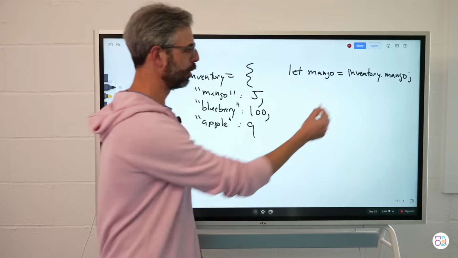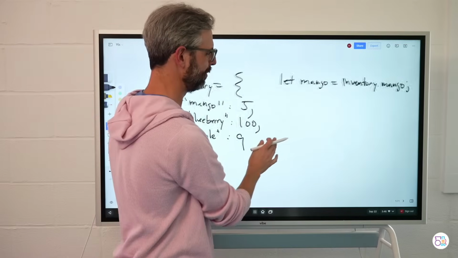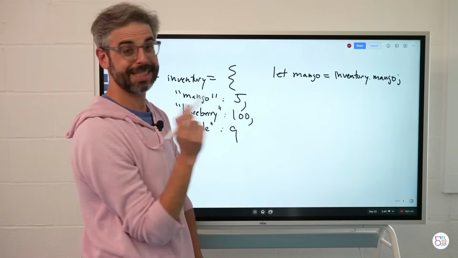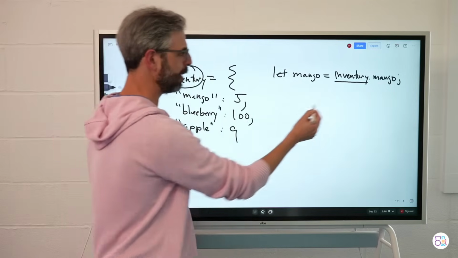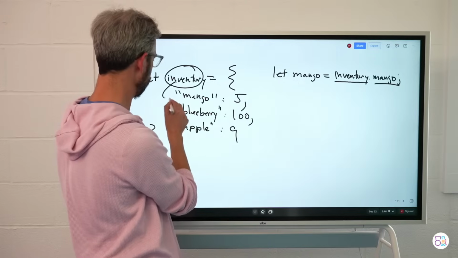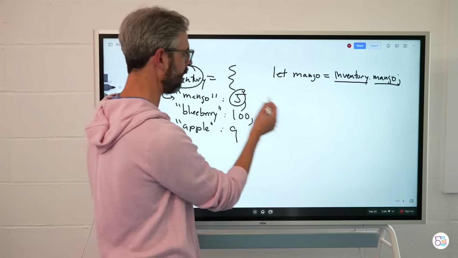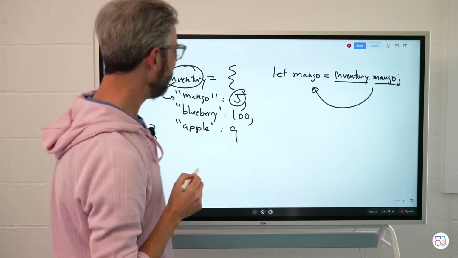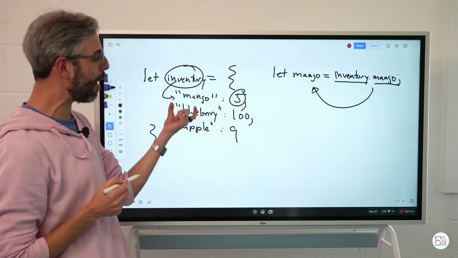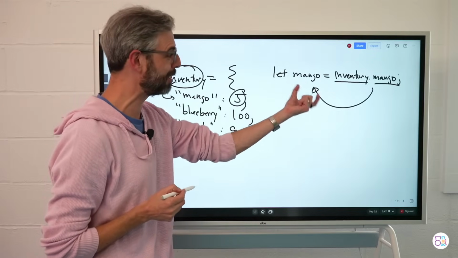This is saying, look up the object inventory, then go to its property mango, give me the value there, and set it equal to this new variable called mango. It's essentially pulling out this individual property and putting it into its own variable of the same name.